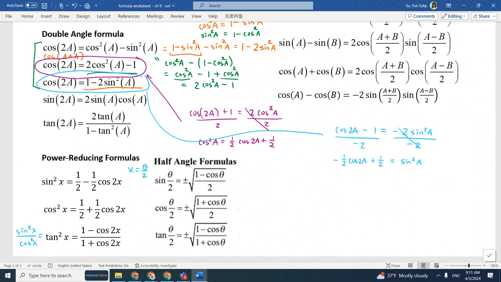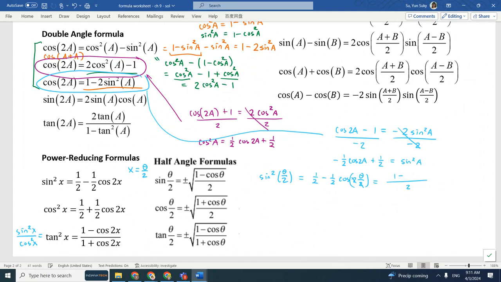left hand side, you get sine square theta over 2, because we let x be theta over 2. And then the right hand side, we get 1/2 minus 1/2 cosine 2 times theta over 2. Do you see the 2 cancel? We get just cosine theta. Do you all see that? Everybody? And okay, we have the 2 as the common denominator.